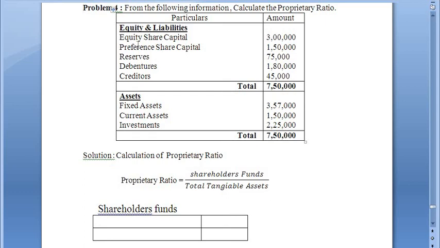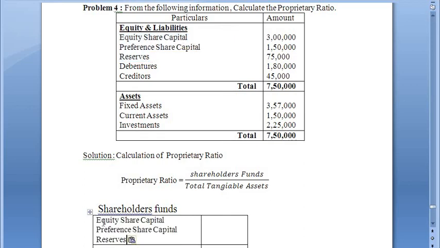Here first equity share capital will come, preference share capital will come and reserves will come. So take this information here. The amount of equity share capital is 3 lakh, preference share capital is 1,50,000 and reserves is 75,000.